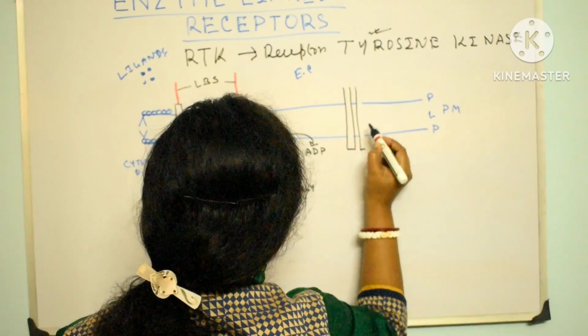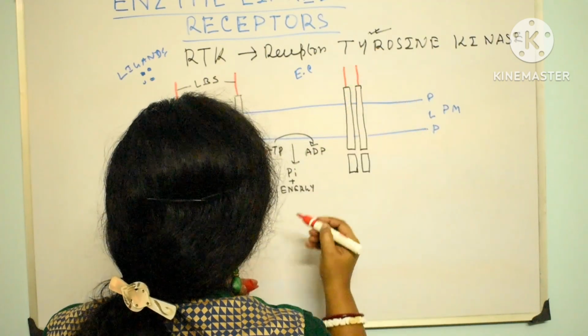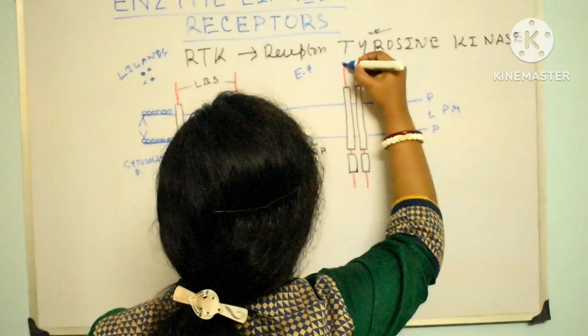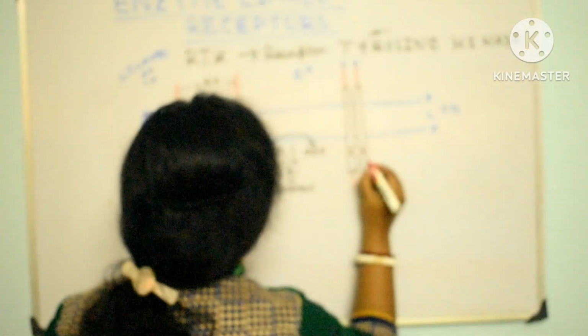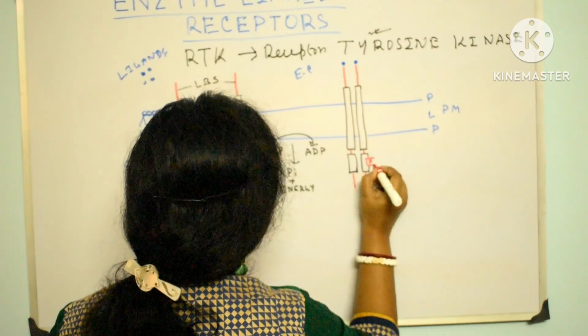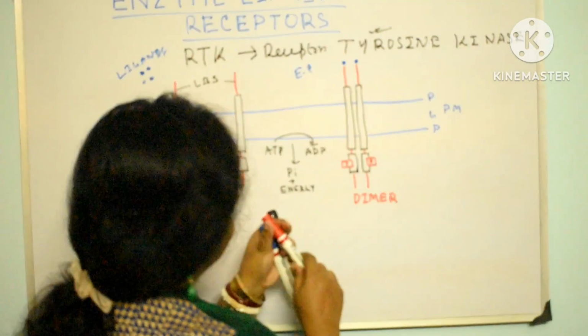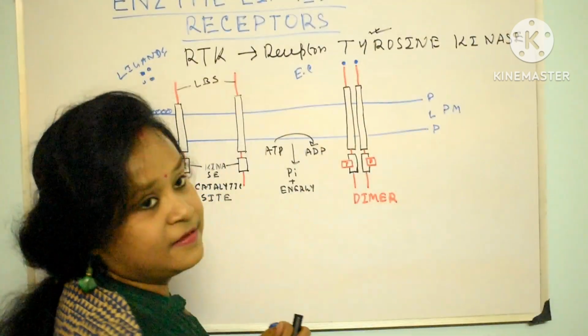They come in close contact. In the ligand binding domain, ligand binding is done. Both of these are ligands. Both of these are phosphorylated and forming a dimer. They can phosphorylate each other, and this place is the tyrosine residue.